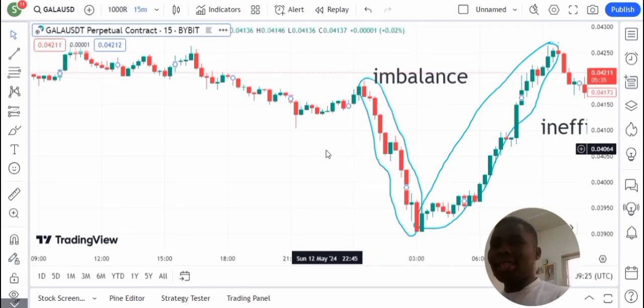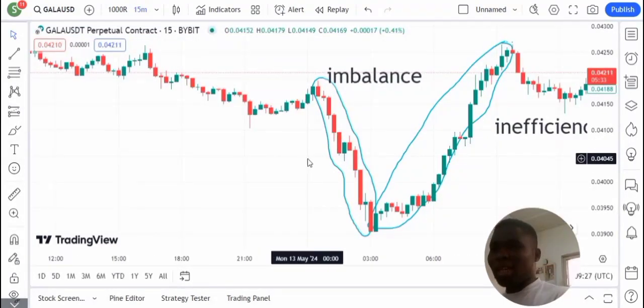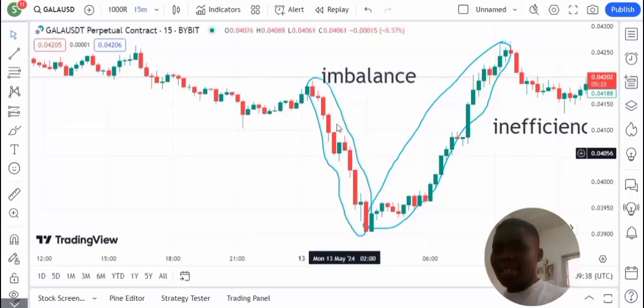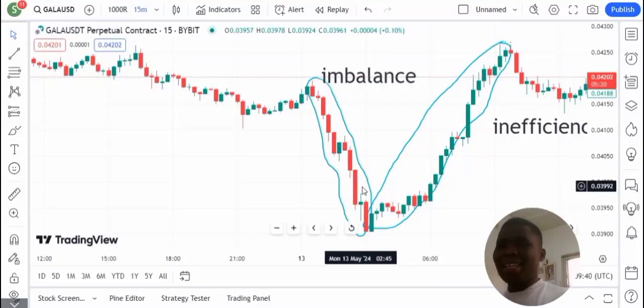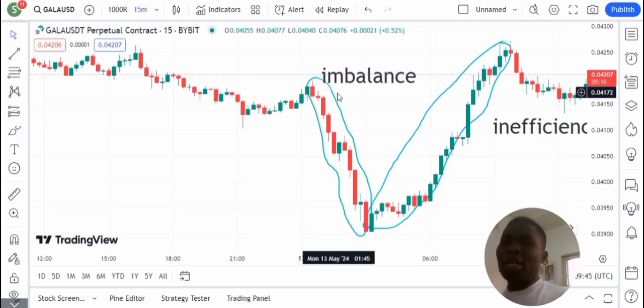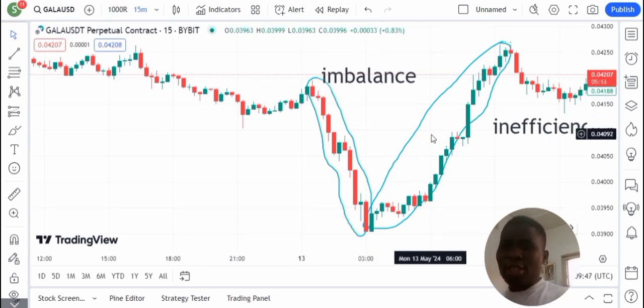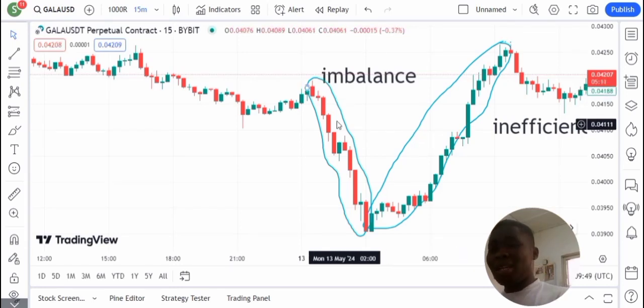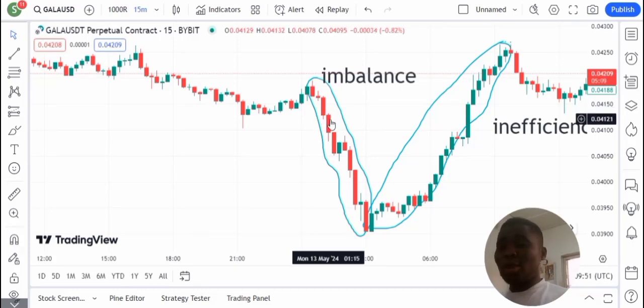If you look at the board, at what I drew here, you see that I even wrote it so that when watching the video, you understand it properly. Now this thing here is called an imbalance, and this an inefficiency. You understand? A bullish side is called an inefficiency, while a bearish side is called an imbalance.